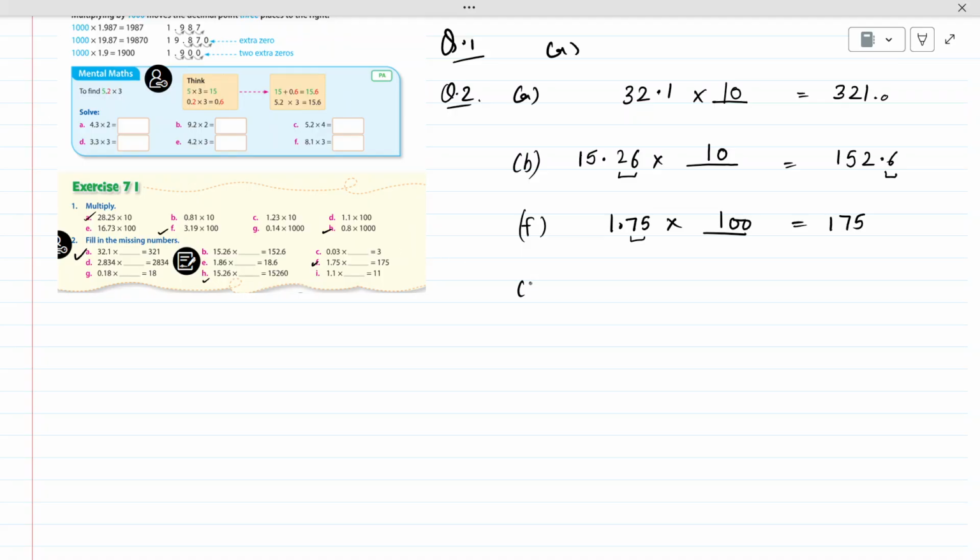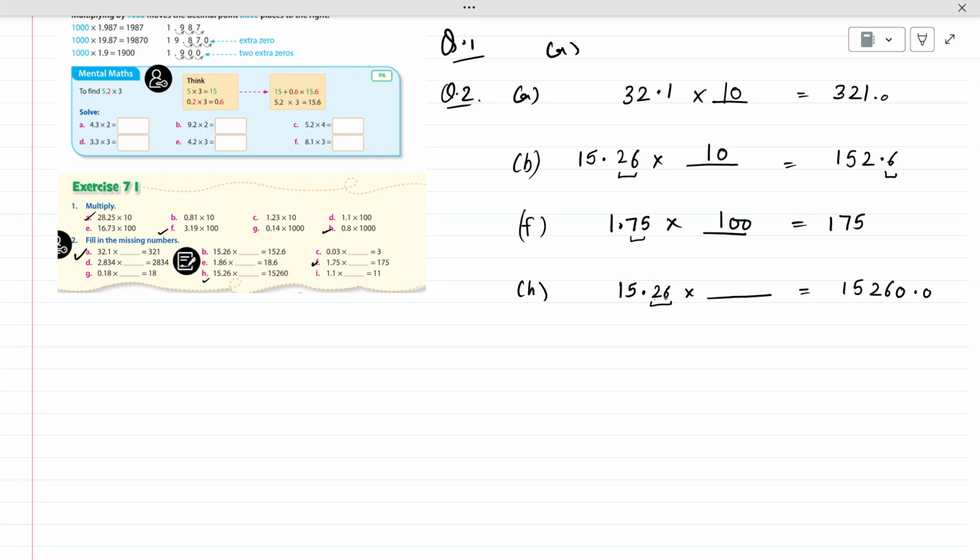Now I'm also taking H part. We have 15.26 and we are multiplying this with a number such that we are getting 15260. Okay, so here we have decimal after two places. Here we have decimal here. Okay, so that means how many places are we moving?